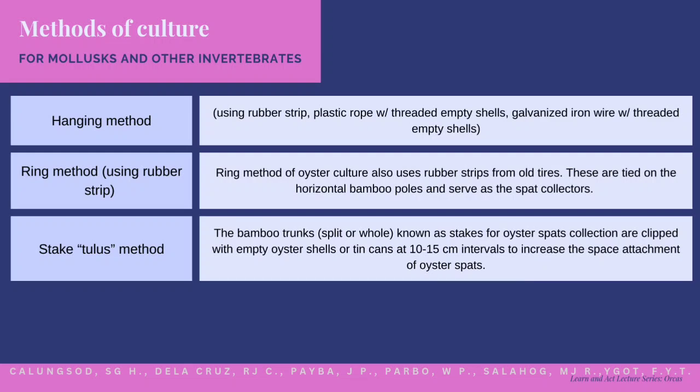The stakes are placed in shallow water not less than 1 meter deep at low tide. The distance between the stakes is maintained at 30 to 40 centimeters to ensure enough space for oysters to grow. This method is very effective in areas with soft or muddy bottoms.